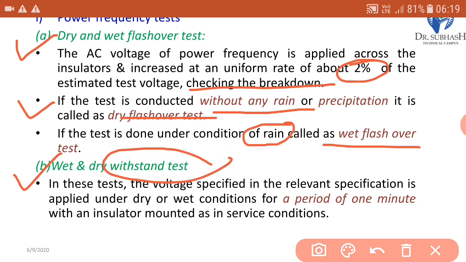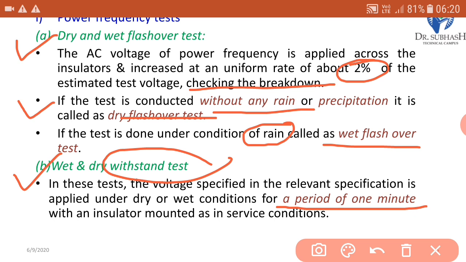In this test, the voltage specified in the relevant specification is applied under dry or wet conditions for a period of 1 minute with an insulator mounted as in the service condition. It means the insulator is mounted, the condition is created same as when the actual insulator was in service.